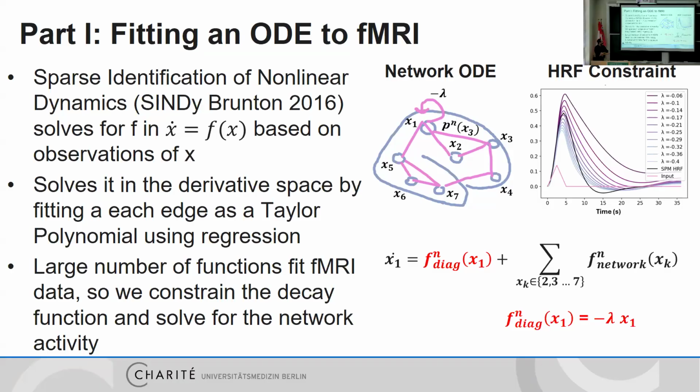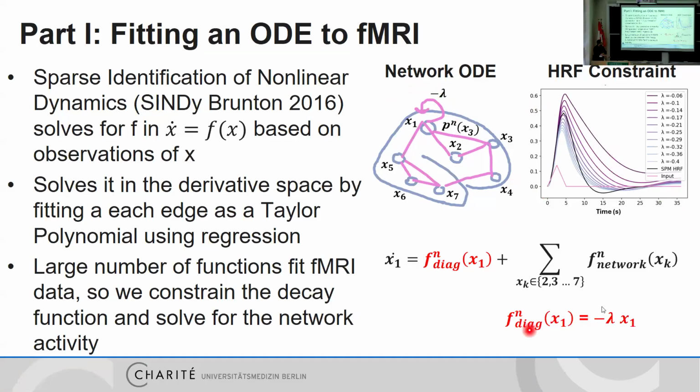The idea there is to solve in the derivative space x dot equal to f of x, and you just create a Taylor series polynomial to represent f. So what we do here is we have nodal dynamics that we've made really simple, that we're going to constrain as this negative lambda term, which is just an exponential decay from the HRF.